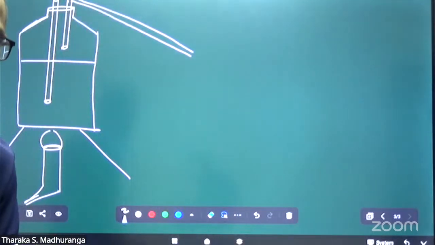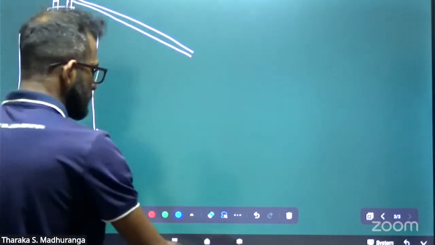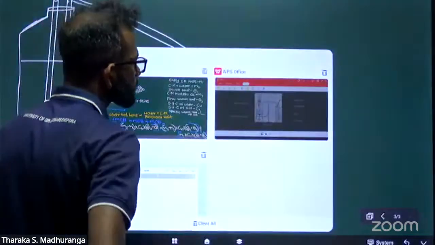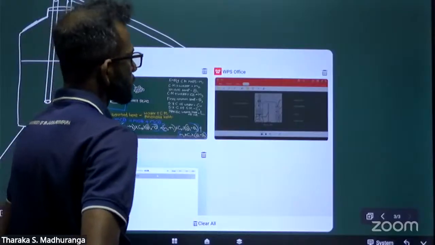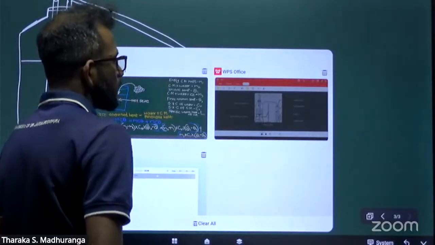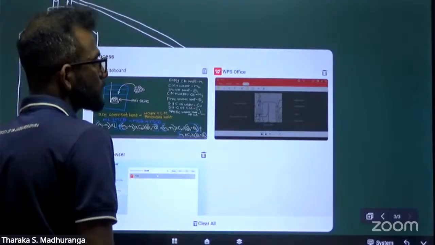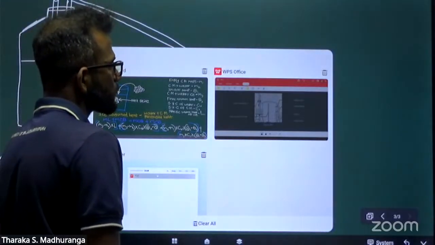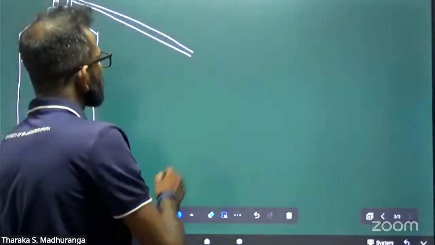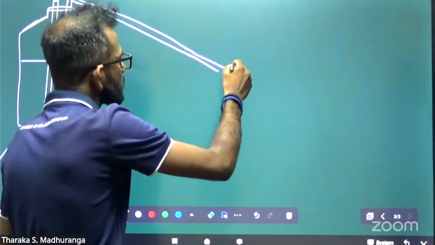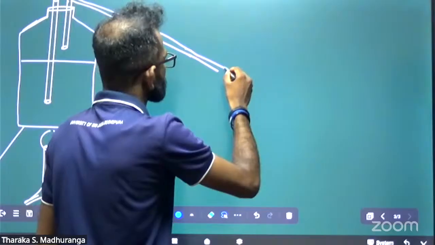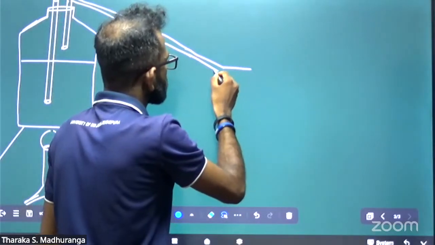We need another line, and it is connected to a special instrument that we call a steam trap. Okay, it is just like this.